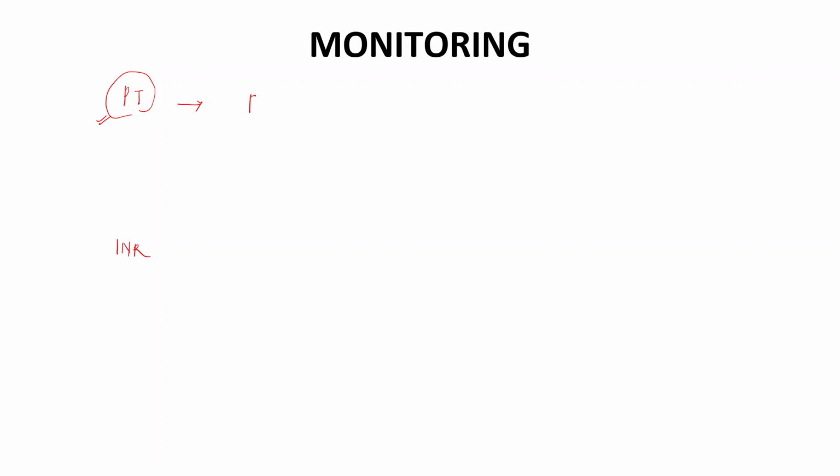So PT is a measure of the extrinsic pathway, and it is useful for warfarin monitoring. This prothrombin time is performed by adding thromboplastin.